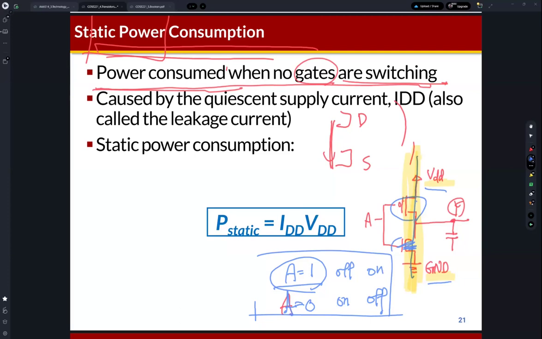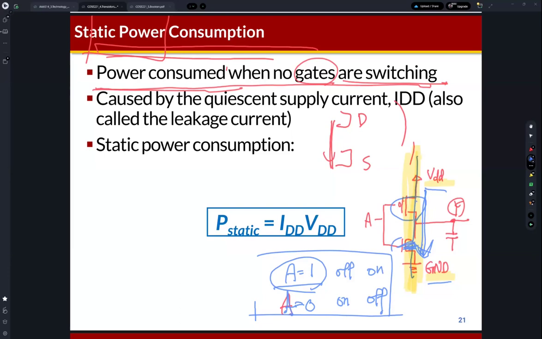But I mentioned ideal, which means that in reality, current can flow through the PMOS transistor or NMOS transistor, even though one of these transistors is in the off state.